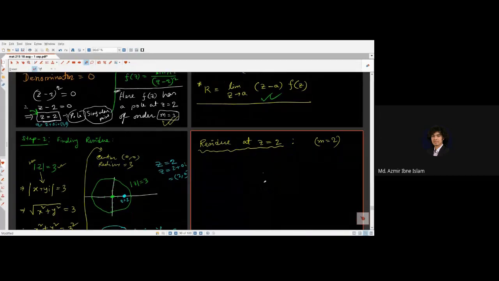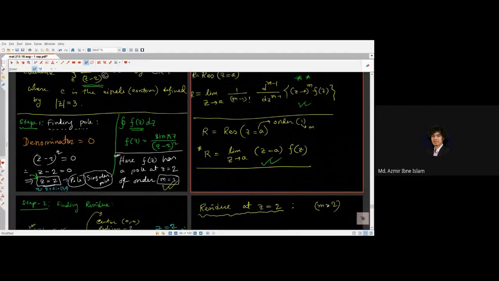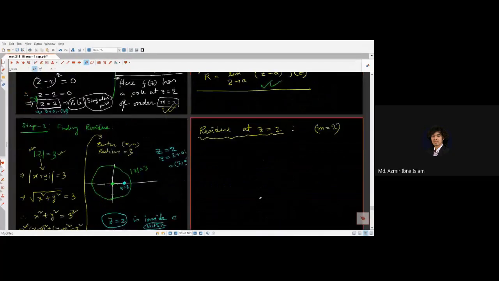So let's use this formula now because m is 2. So r equal to residue at z equal to 2. You can compare with z equal to a, so the value of a is 2.